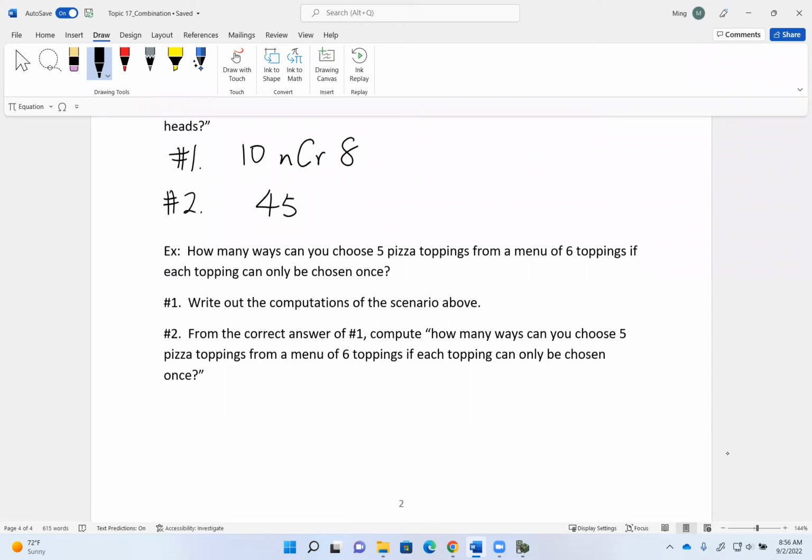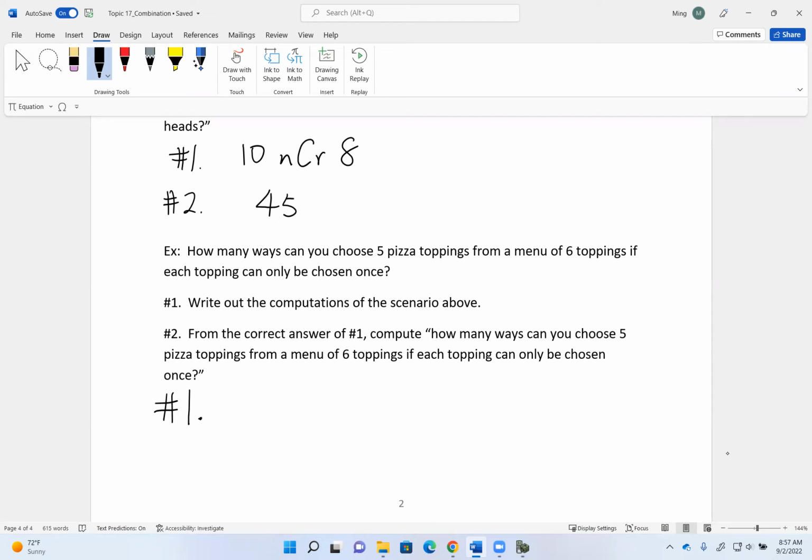If each topping can only be chosen once. So once I choose my 5 toppings, the order in which I pick them does not really matter, because once it's baked, all your 5 toppings are on there. You know what I'm saying? The arrangement of which one I put down first does not really matter, because when you bite it, you bite all 5 toppings at once. So this is another example of a combination, where the order of which topping I pick doesn't really matter at the end, because once I ate it, I ate all 5 toppings at once.